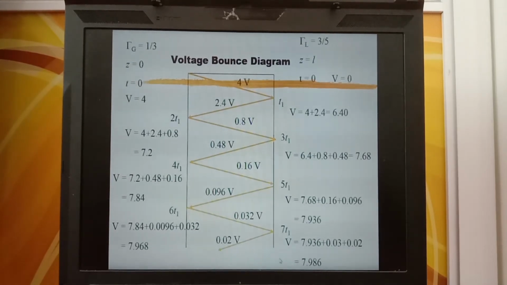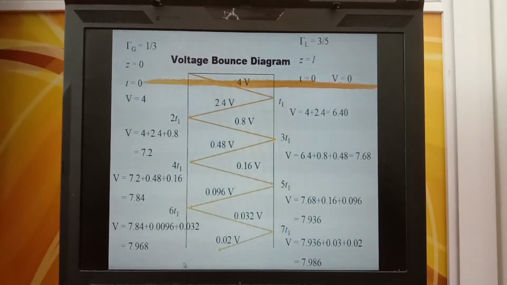As time goes, the voltage at the load end and also the voltage at the source end will become a steady value, which doesn't change with time anymore.